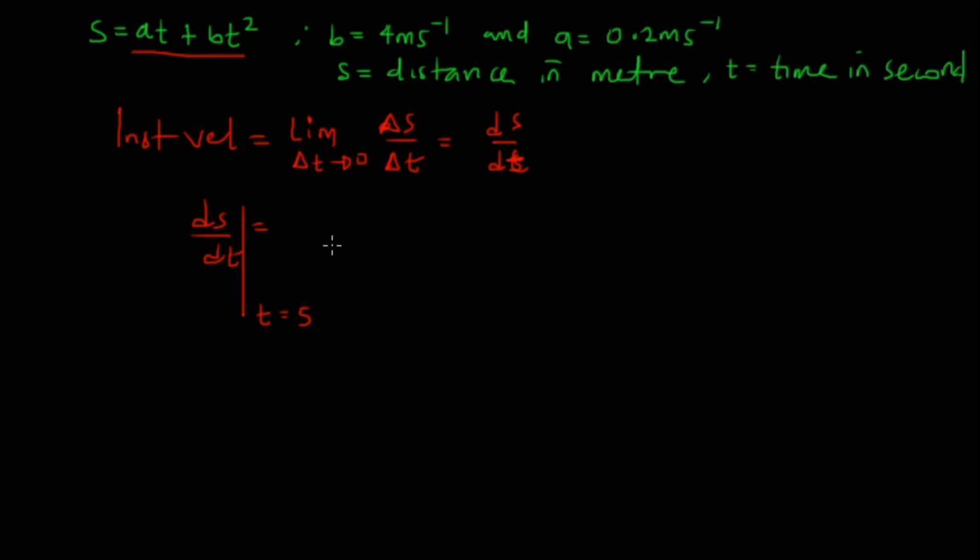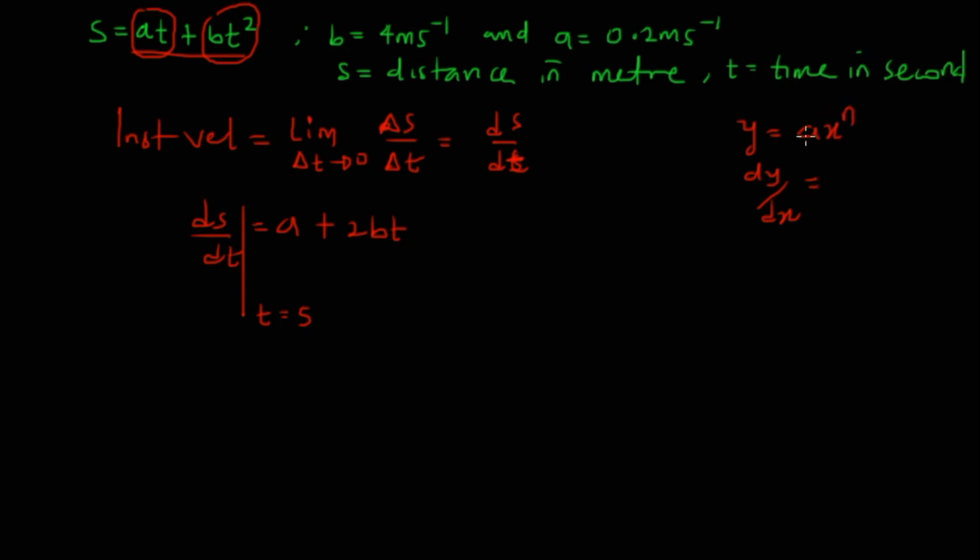Okay, so the first derivative of s will be, if we differentiate at, it will become a, plus, if you differentiate bt squared, that will be 2bt. This is the basic definition of differentiation. Let's say that you have an equation y equals ax raised to power n, then you can find dy/dx.